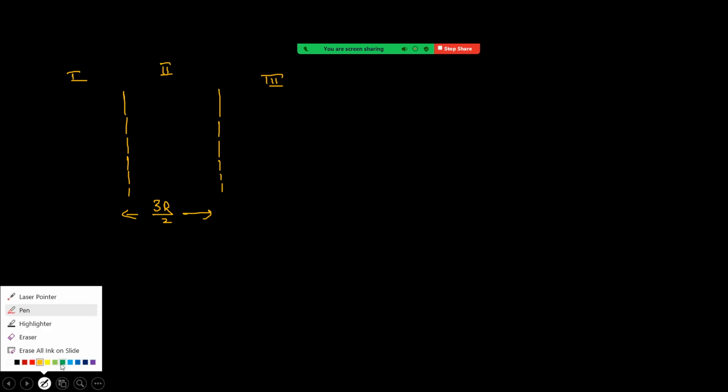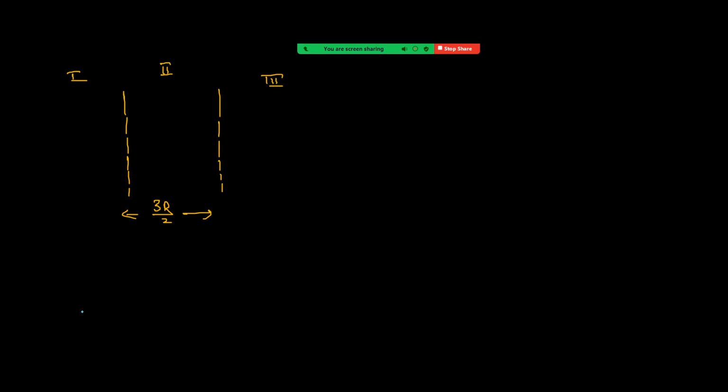This is region 2, and this is region 1, and this length is 3R by 2. And it is given that this particle enters at y equal to minus R. It enters here. This is y equal to minus R. So this is now the x-axis.